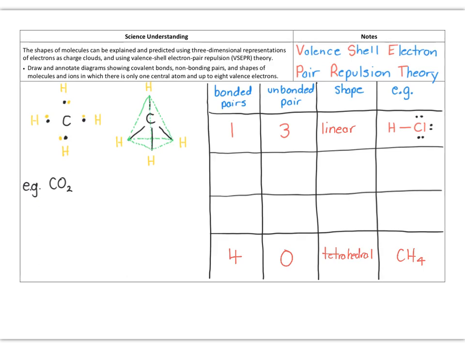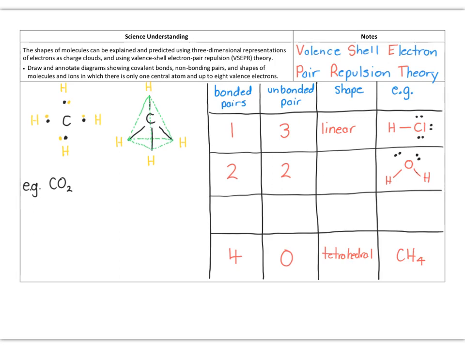Now, in between there, let's go back to this one. Let's say we've got 2 bonded pairs and 2 unbonded pairs. And you might remember when we looked at water, that is a bit like the case with water, where we have 6 electrons around the oxygen. One of those electrons from the oxygen is each involved in these bonds, and one from the hydrogens to give it that 8.